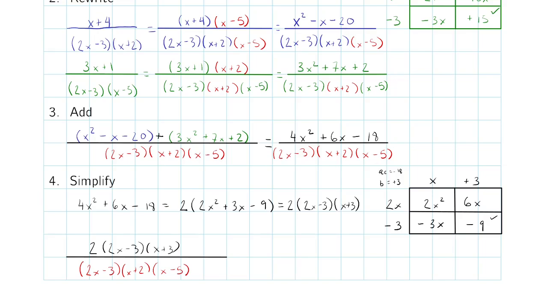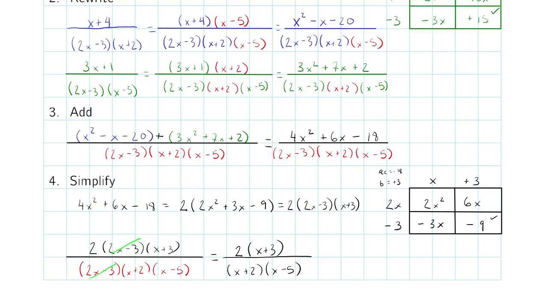And we see a common factor of 2x minus 3 that we can cancel out. And so our rational expression simplifies to 2 times x plus 3 over x plus 2 times x minus 5. And it is totally fine to leave that in factored form.